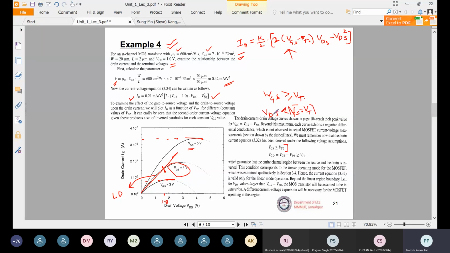If VDS is less than VGS minus VT, that will be considered as working in linear mode, which we can verify for particular voltages. So we need to have a gate voltage that is greater than 1 volt also. Once we increase the gate voltage beyond 1 volt, it will be operating in linear mode.